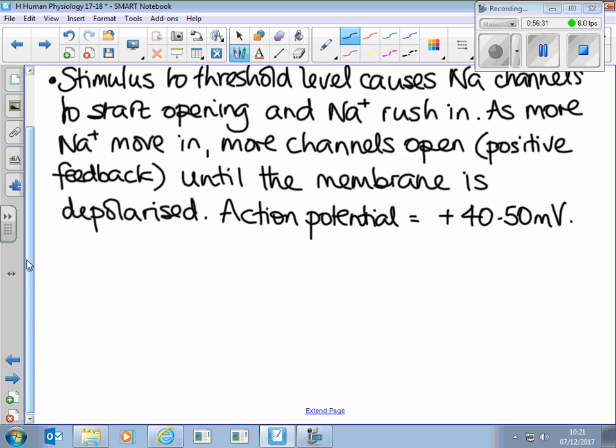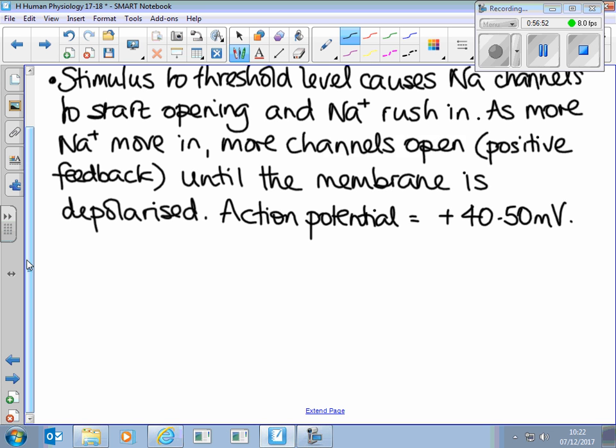All right, now at this point you can't just stop. So what happens now? Well, almost immediately, and we're talking sort of within about a millisecond, those sodium channels shut again. Because they've reached this point, and that then triggers them to shut. They're voltage gated, so when they reach that point, they close.